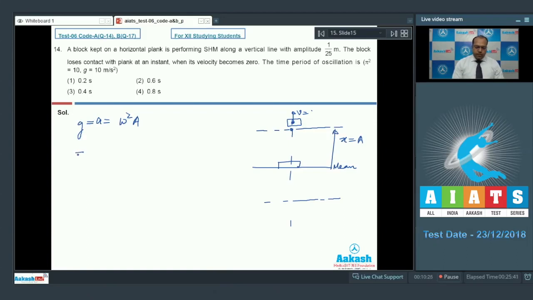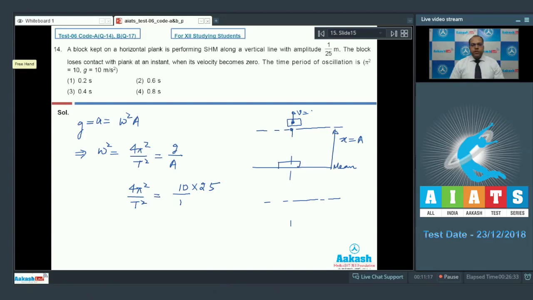So from here, omega square is equal to 4 pi square by T square, which is equal to g by a. So if I substitute the data, 4 pi square by T square is equal to g, that is 10, divided by a, amplitude is 1 by 25, so it is equal to 1 into 25.